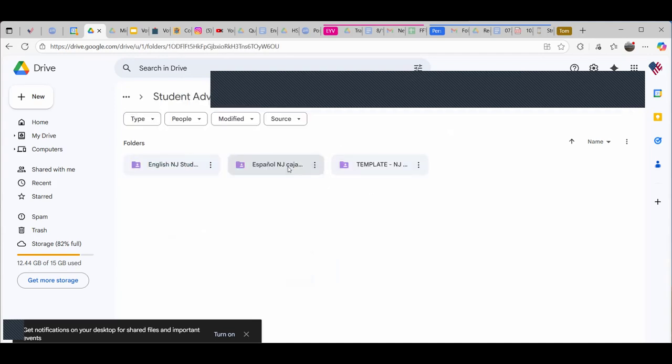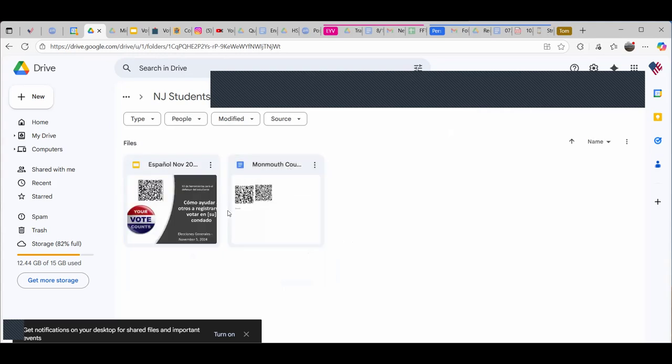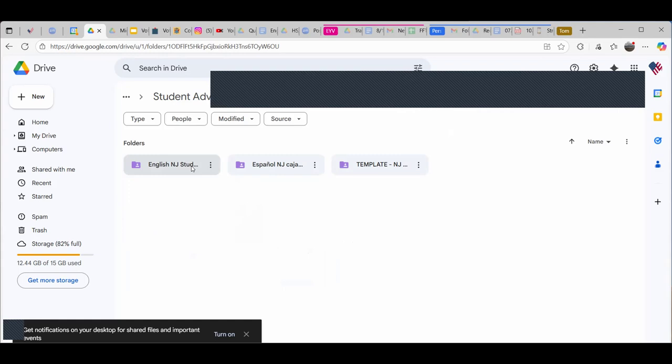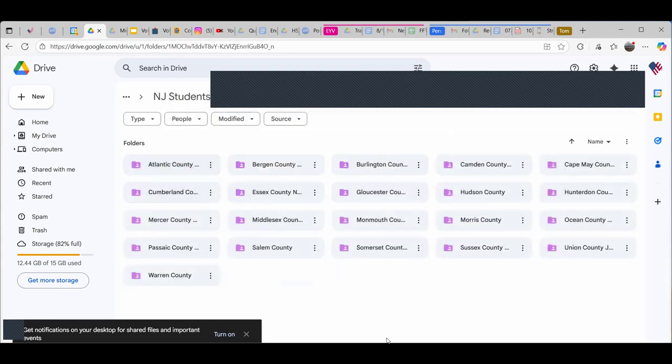New Jersey has a Spanish version. And the English version has been adapted for every single county in the state, because every single county in our state, if those of you in other states are going to shake your head, we all have different voting machines in every single county.